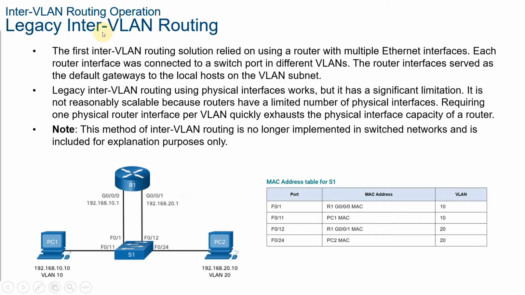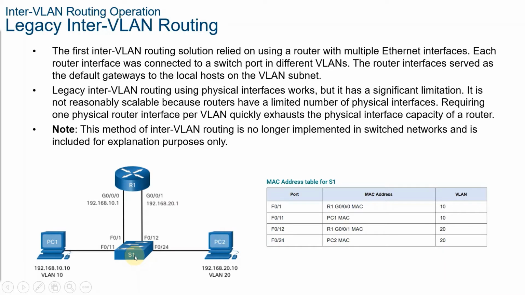Legacy inter-VLAN routing. The first inter-VLAN routing solution relied on using a router with multiple Ethernet interfaces. Each router interface was connected to a switch port in a different VLAN. The router interfaces served as the default gateways to the local hosts on the VLAN subnet. For example, refer to this topology where R1 has 2 interfaces connected to switch S1.